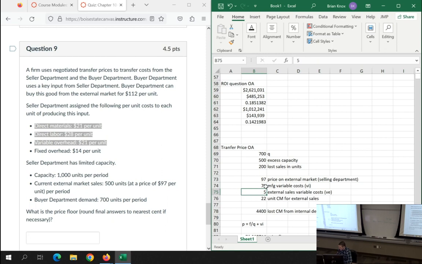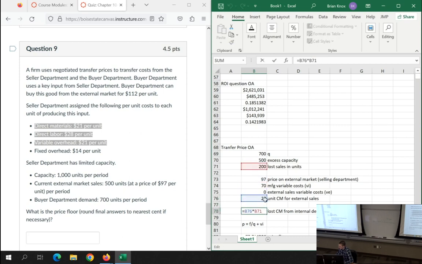There's no indication we have any variable costs for external sales. I'm going to leave that as 0 here. So our unit contribution margin is this 97 minus the 70. So we get $27 unit contribution margin for external sales.